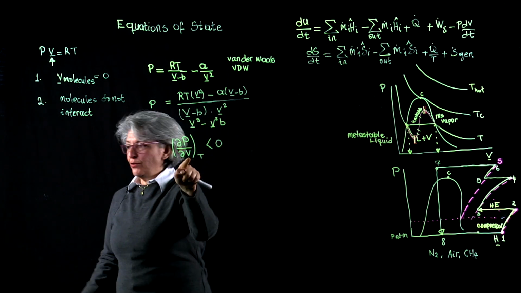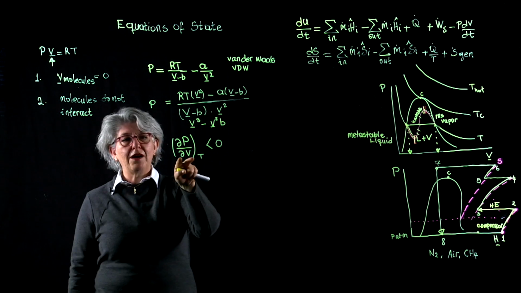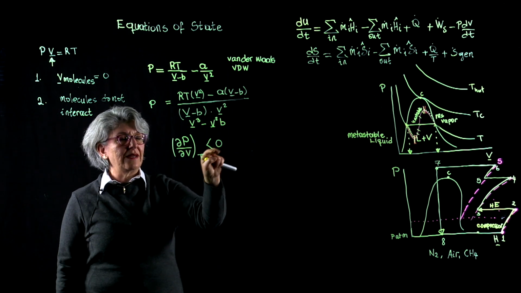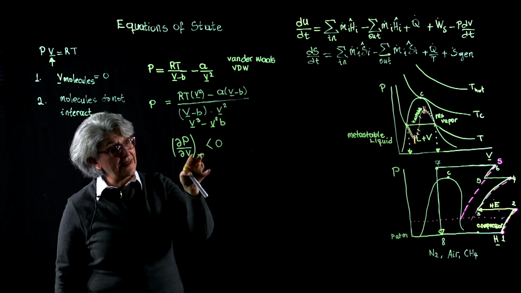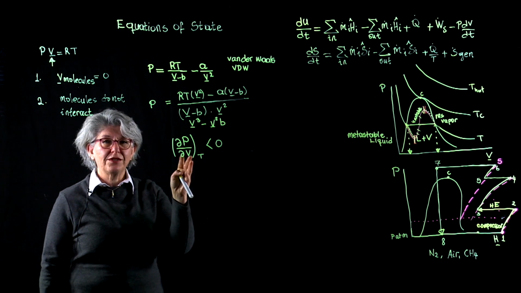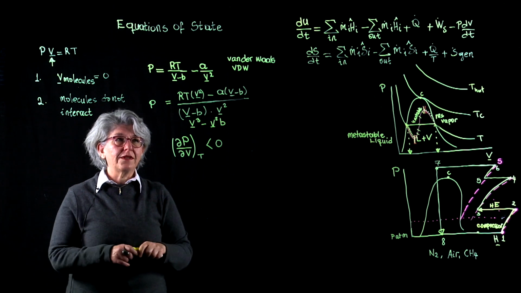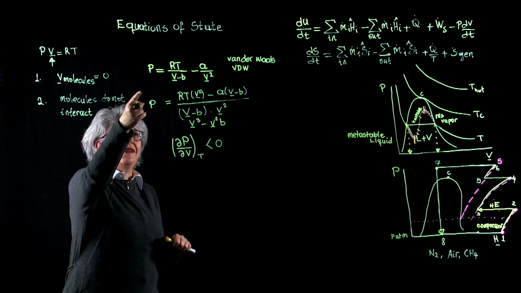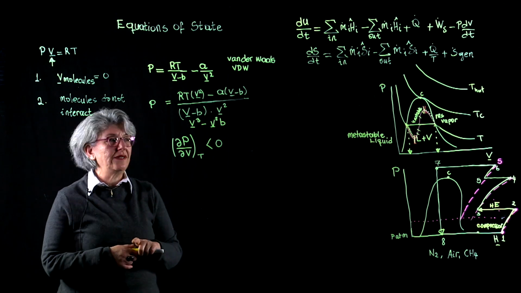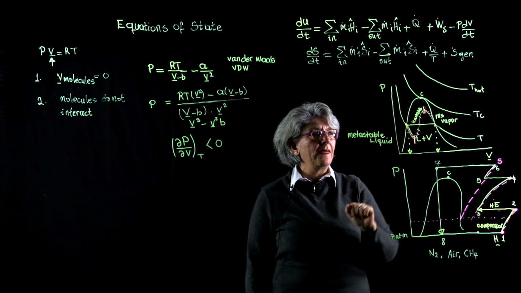Now, we have also learned about the stability condition, that as our pressure increases, our volume should decrease. This is the stability condition. We now understand the need for a cubic equation of state to express the vapor-liquid transition behavior very well.